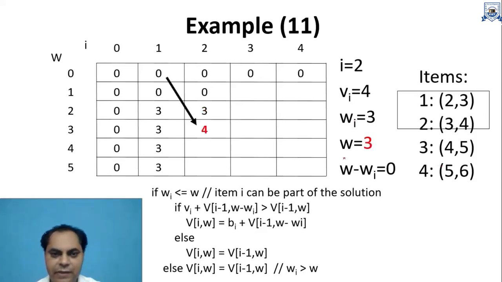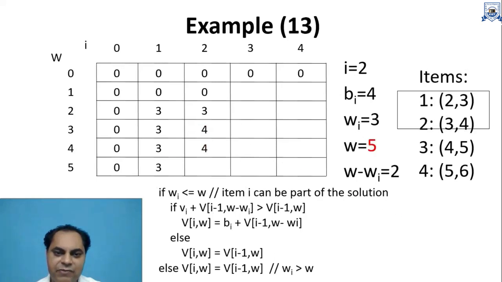Similarly, if the current capacity becomes 4, we can accommodate the second item, and the value would be 4. Now if the current capacity of the knapsack is 5, then we accommodate both items, so the value would be 7.